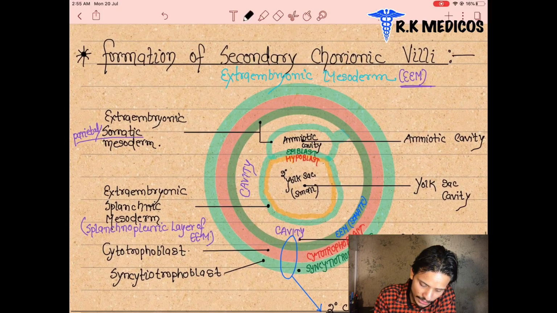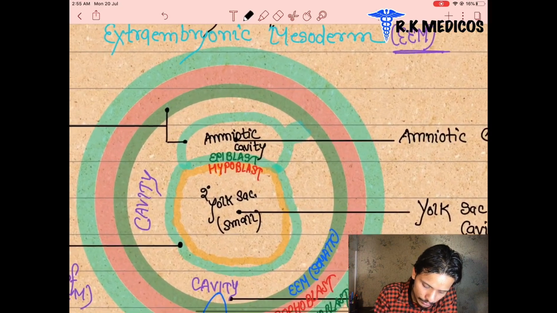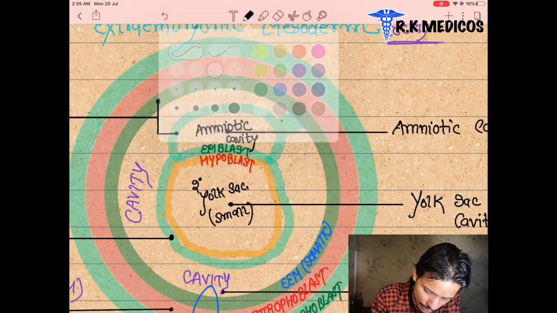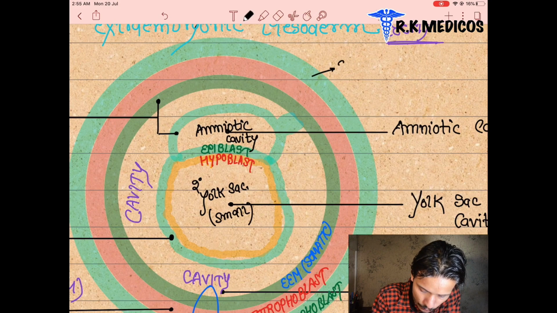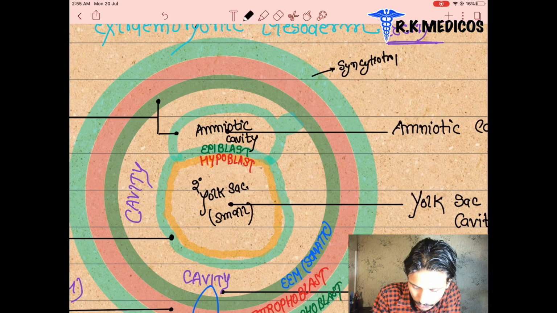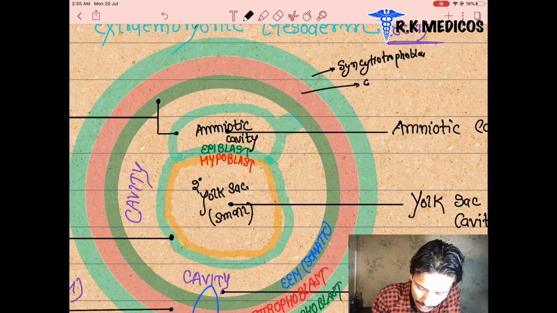We can see in this picture, the outermost layer is syncytiotrophoblast. Just below it, cytotrophoblast.